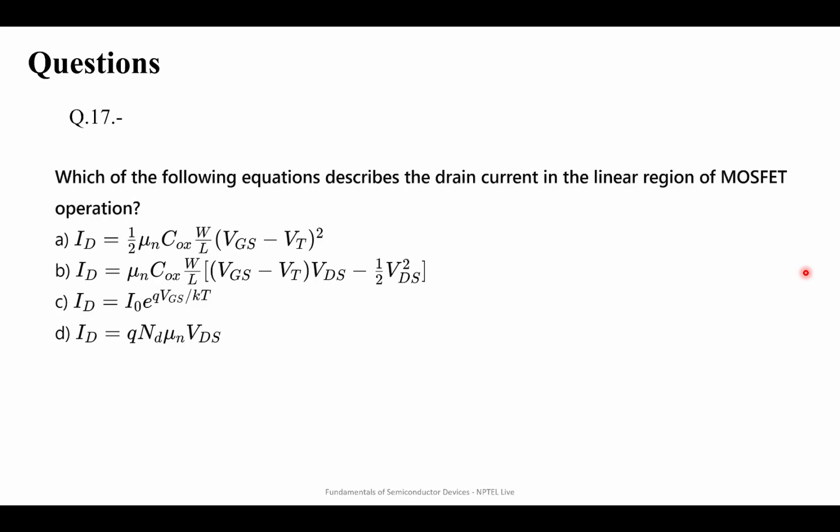ID equals mu Cox W by L (VGS minus VT) VDS minus half VDS square. ID equals I naught exp(Q VGS by KT). ID equals Q ND mu n VDS. Sir, first one for I think saturation region and second one for linear region. That would be correct.